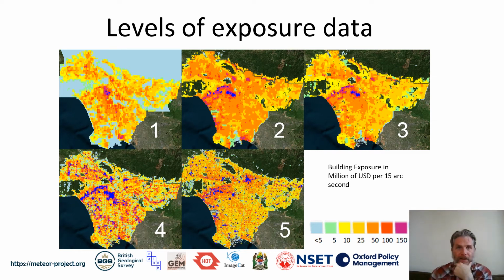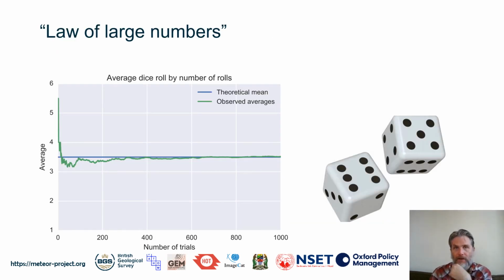The HAZUS data lets you see things like the Wilshire Corridor and more areas of concentration in places like Pasadena. Level 3 attenuates that a bit. Level 4 is where you start to really bring things into focus, of course, because it's aggregated up from building-specific footprints. And then level 5 is an interesting mix between level 2 and level 4, at least visually.